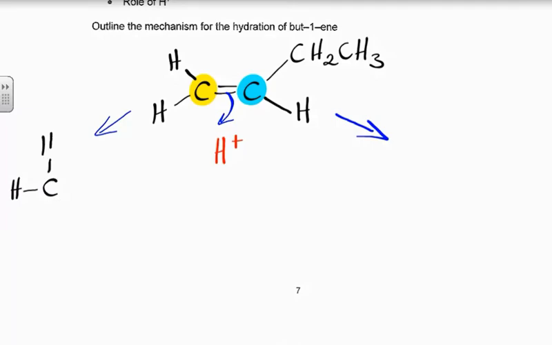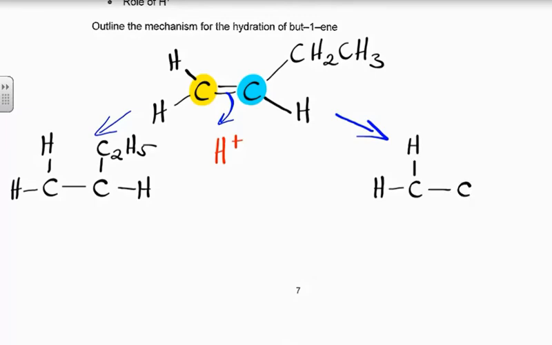Down the left hand side of the page, I'm going to attach it to the yellow carbon, and down the right hand side of the page I'm going to attach that hydrogen to the blue carbon.